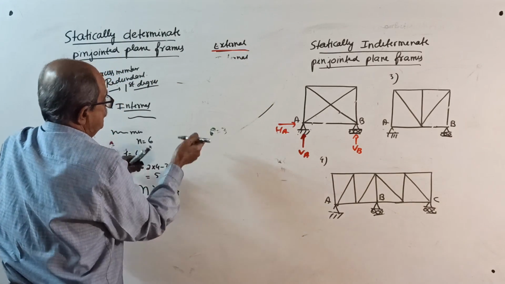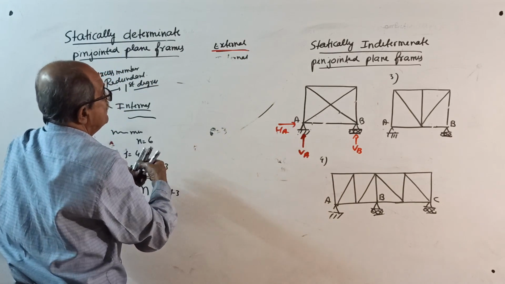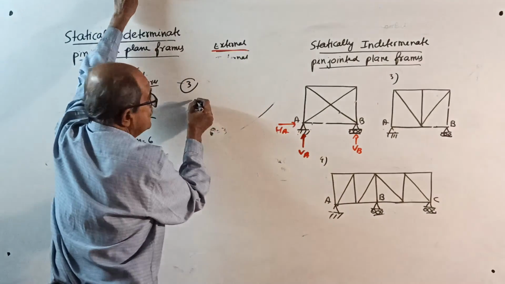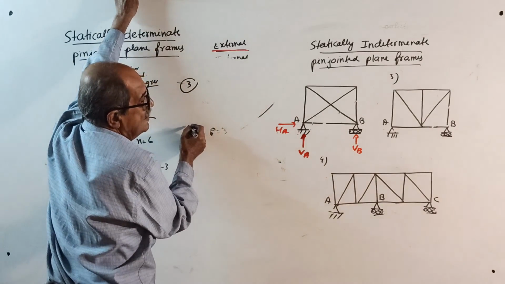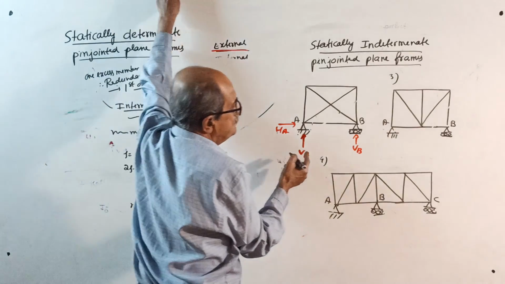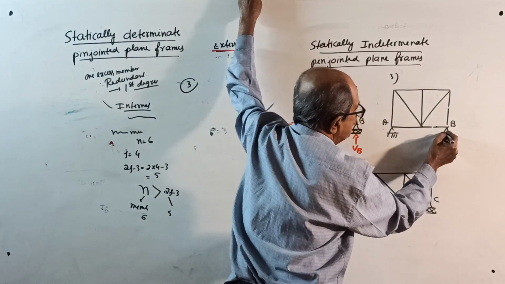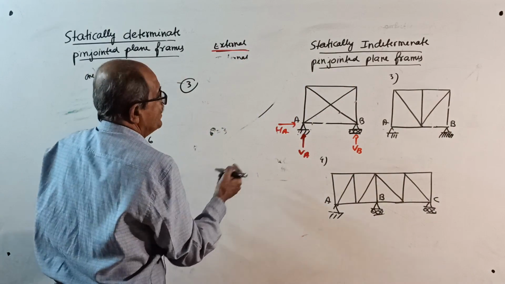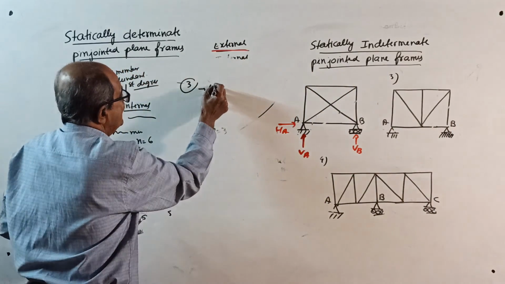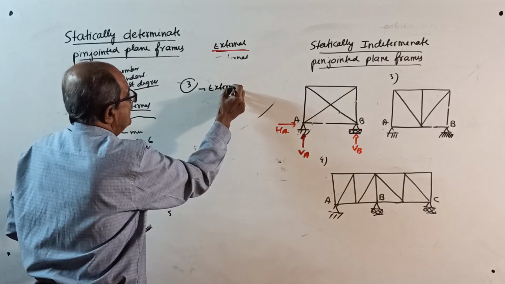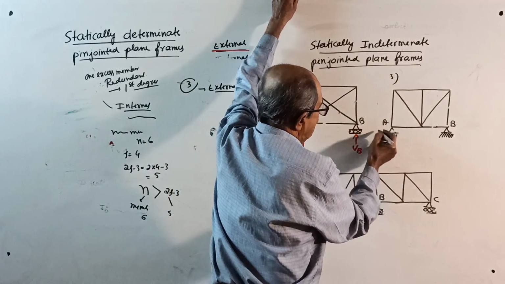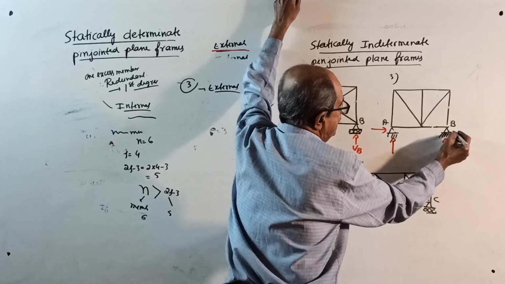Okay. Now come to 3. A little fast. Figure number 3. Here I want a hinge. That's why the confusion. Consider external. Mark reactions: 1, 2, 3, 4.